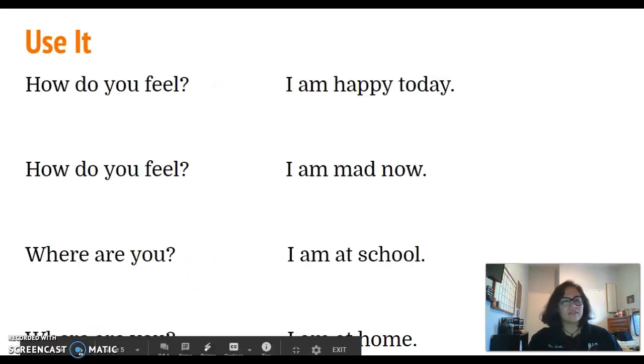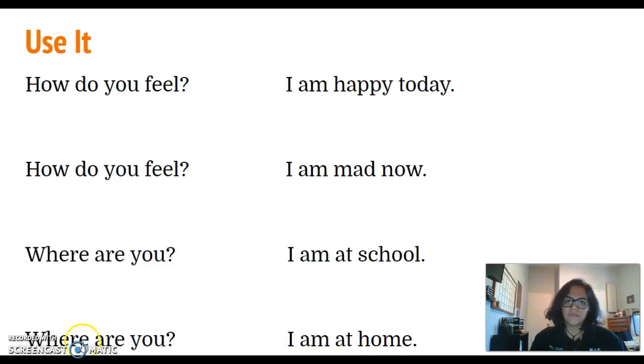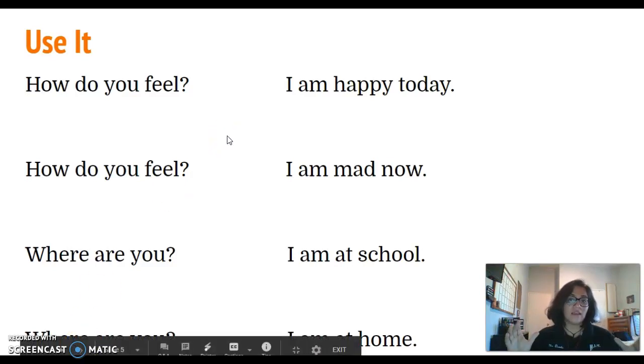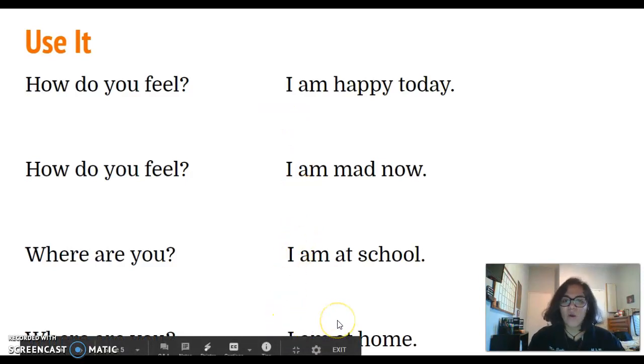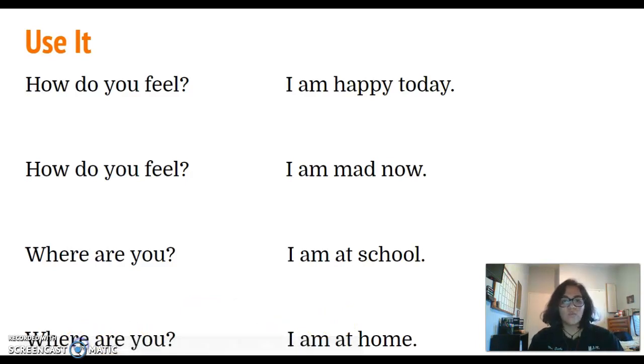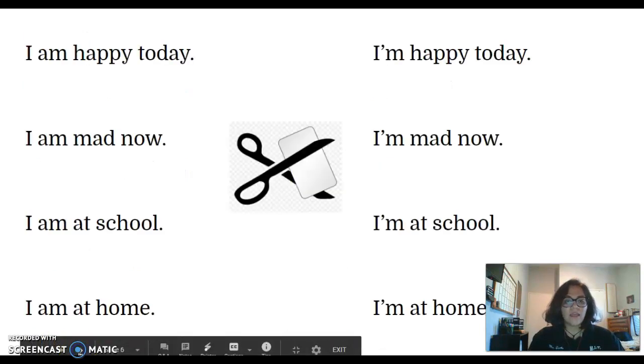Here are some examples. If someone asks, how do you feel? The long way is I am happy today, or I am mad now. Where are you? I am at school, or I am at home. But using contractions, you cut I am, and we will say, I'm happy today.